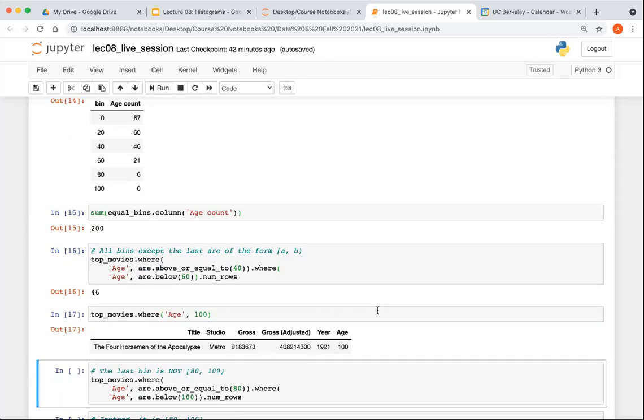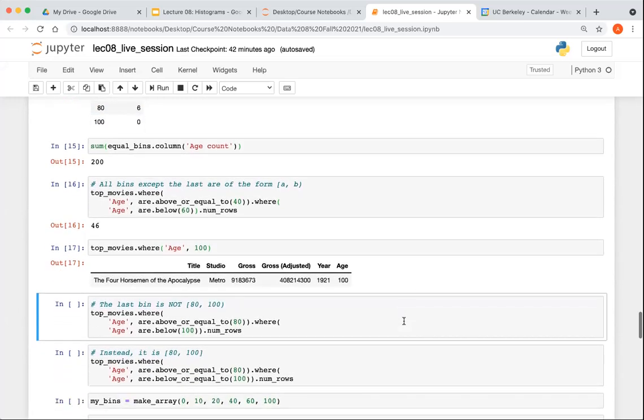Now, at the left end, we do know that we're including the end of the leftmost bar. At the right end, the convention here is we are actually going to include the right end as well. And now, the table here says that the bin from 80 to 100 had 6 movies.